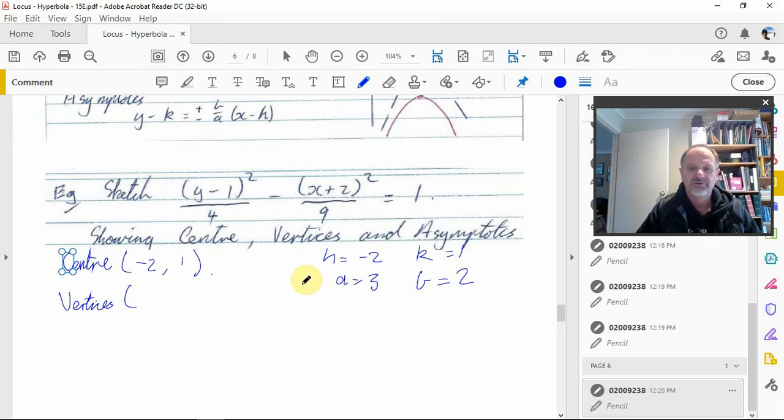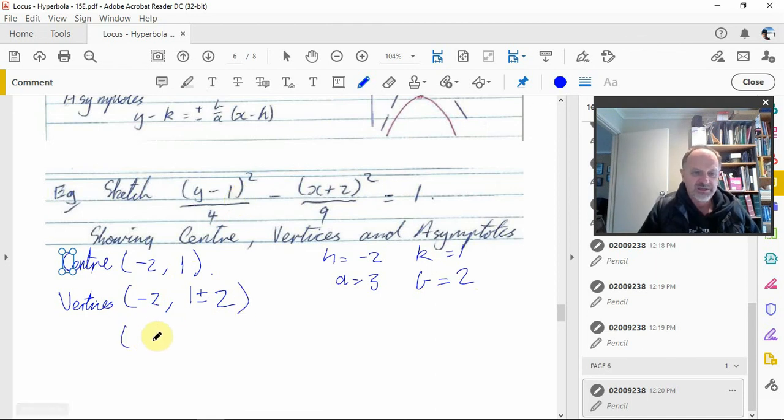The bit that changes here is now our vertices. All right, so the vertices now stay on that x line, so they're staying on -2, but they're now our k plus or minus our b. Just remember, this stretches up this way, so we're stretching 2 up that way.